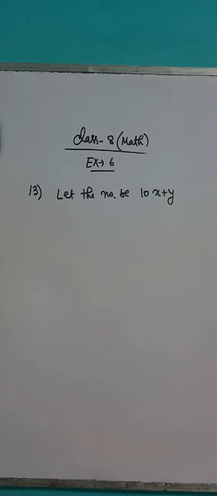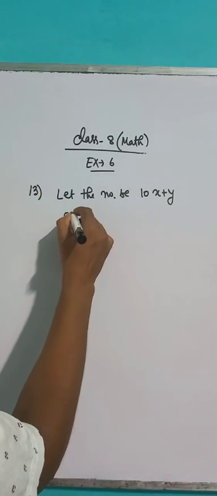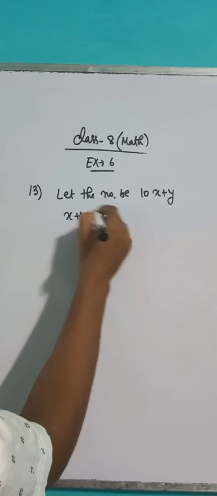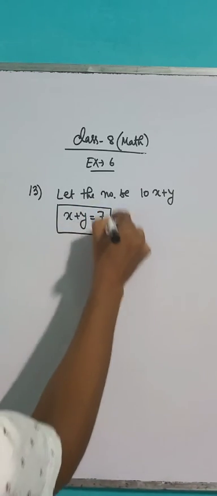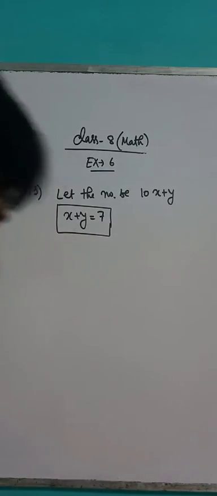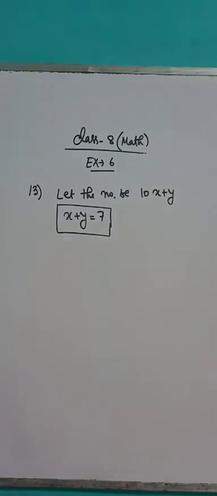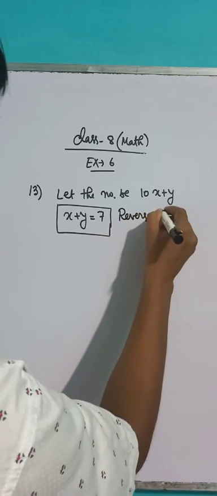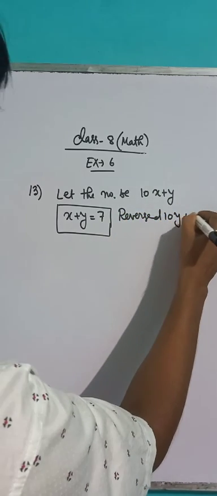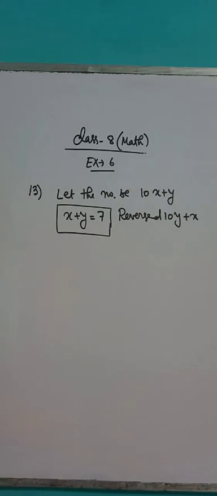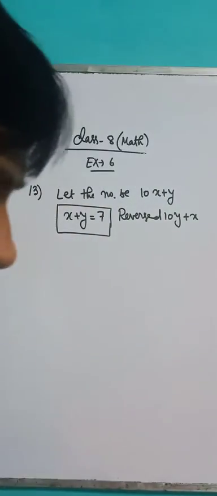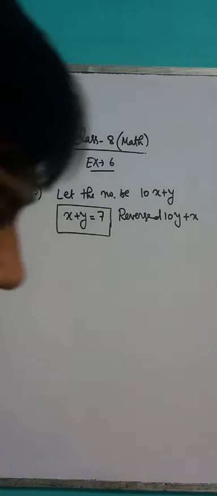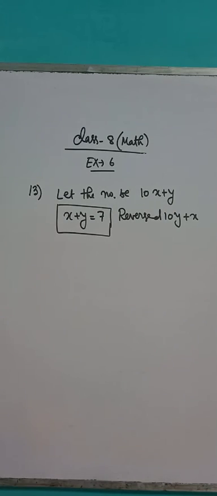The sum of the digits is 7. If the number with the order of the digits reversed, 10y plus x, is 28 greater than twice the unit digit of the original number.